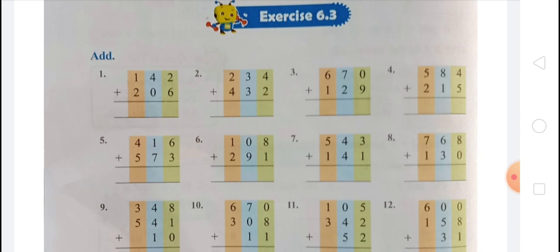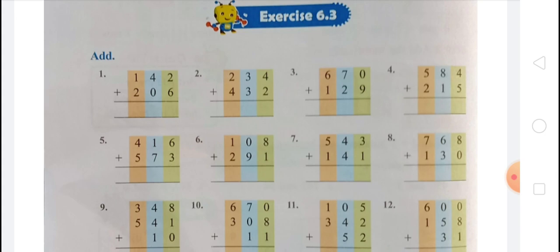And the next is question number 4, 584 plus 250. In 584, 4 is on the ones place, 8 is on the tens place, 5 is on the hundreds place. And in 215, 5 is on the ones place, 1 is on the tens place, and 2 is on the hundreds place. So in the first step we have to add the ones, that are 4 and 5, there will be 9.